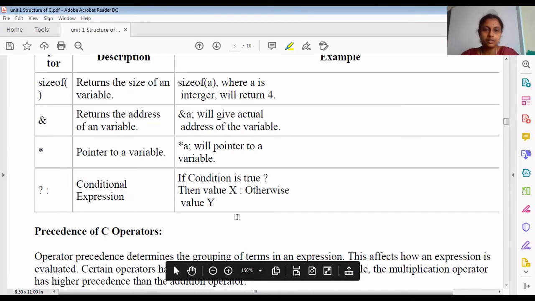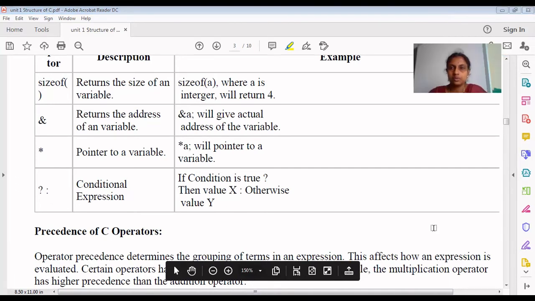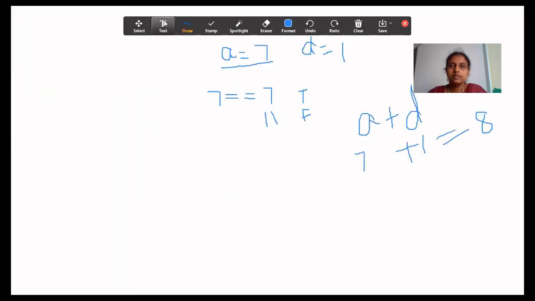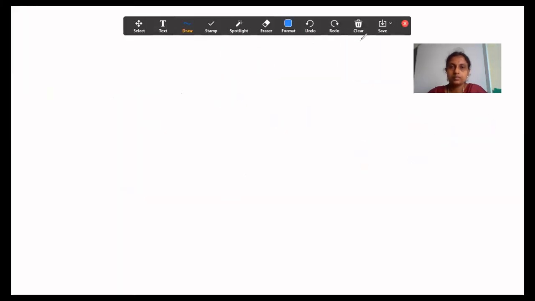Let me bring one whiteboard so that it will be easy for me to explain. Here we need to talk about the question mark and colon. I think I will change the color so that it will be visible for you.